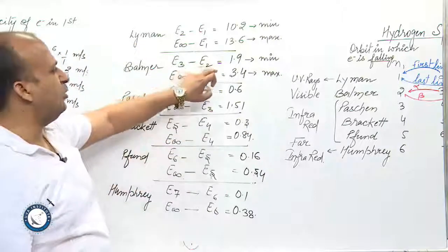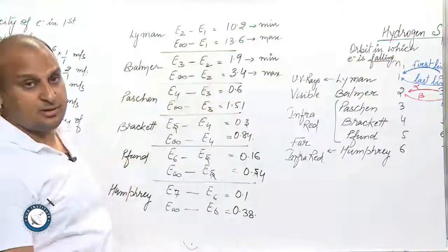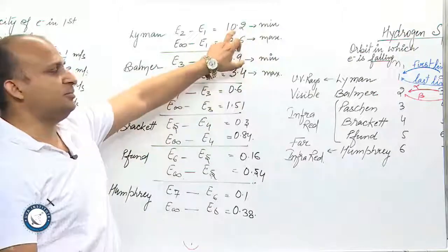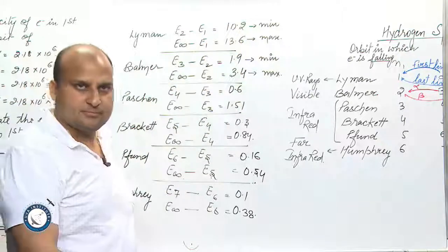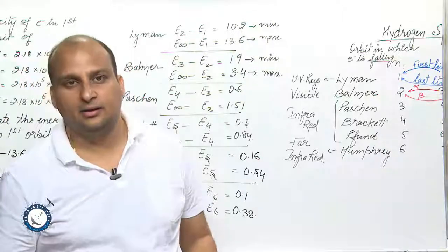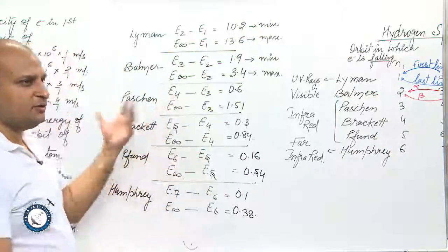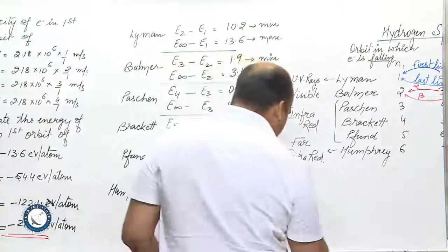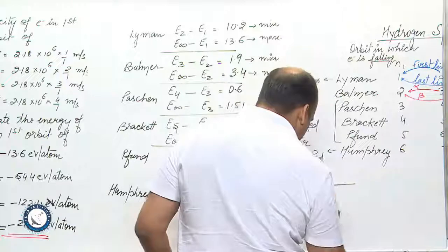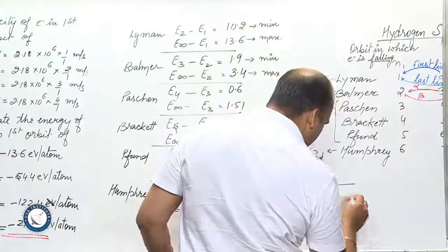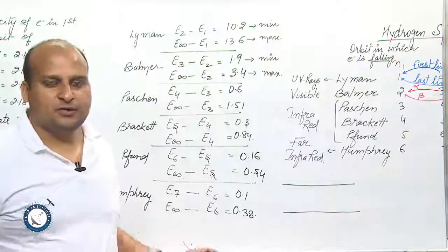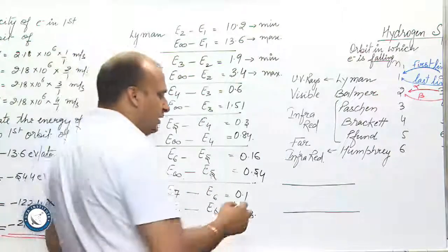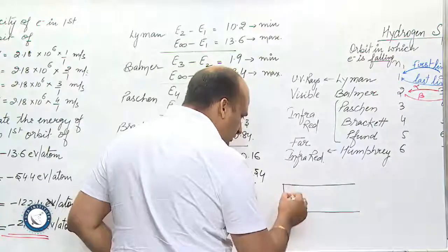Do you see any overlap over here? Tell me. The maximum value over here is minimum as compared to this one. Are you getting my point? So what does it mean? What is the meaning of this thing? It means that if you get a strip, now look at the board very carefully. If you get a strip like this, where you are observing the hydrogen spectrum, first of all you will get UV rays.